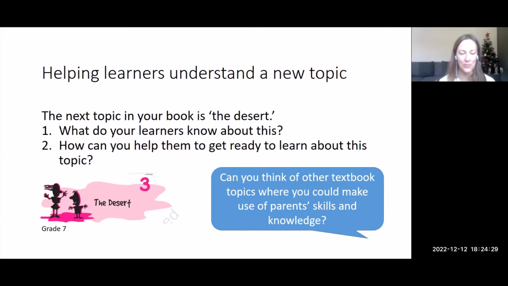All right, let's move now to our fourth and final strategy. And once again, I hope you can see how this would fit in to lots of classes, and maybe it's a different kind of homework that you're asking students to do here, because they're coming back in saying what they found out from their parents or from their community.